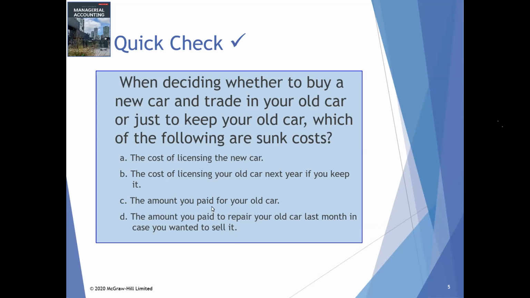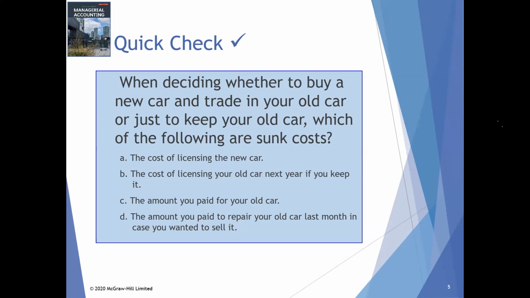The amount you paid for your old car, this is already done, right? We cannot reverse it. The amount is already paid. This is the sunk cost, C. And D also, the amount you paid to repair your old car last month. For example, you changed the filter and oil and spent a couple of dollars. That cost cannot be reversed.